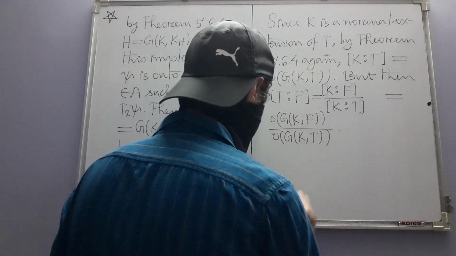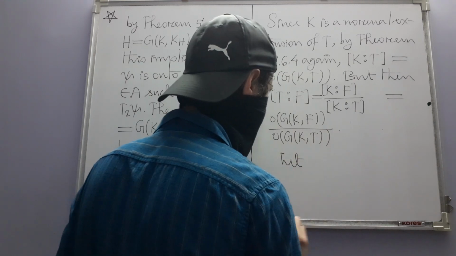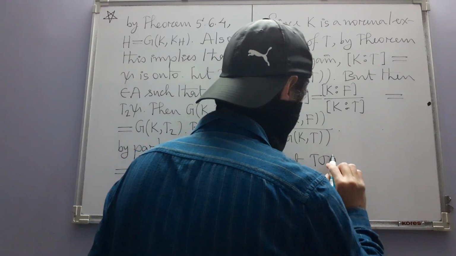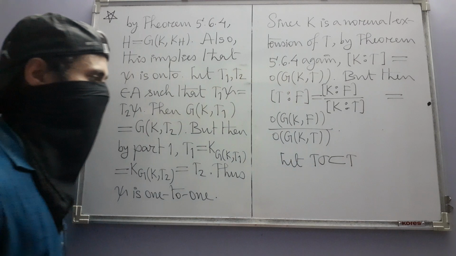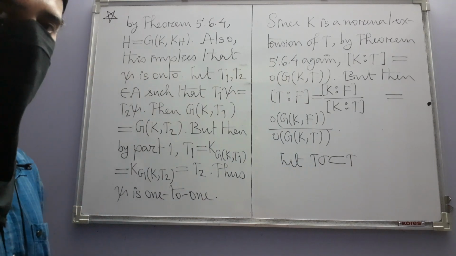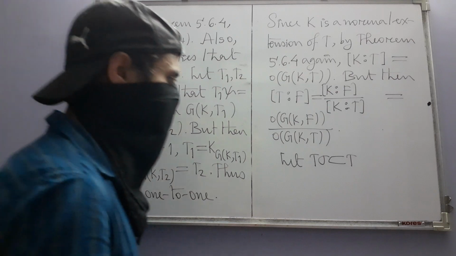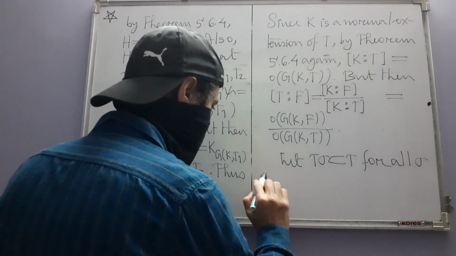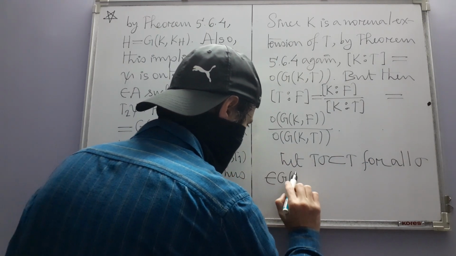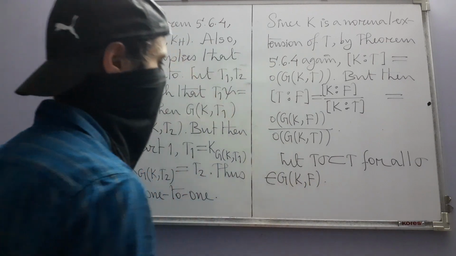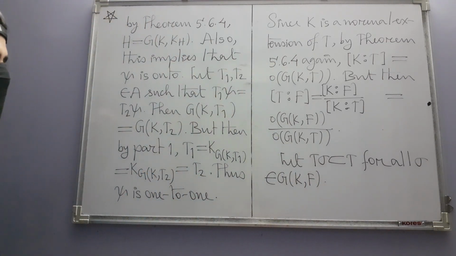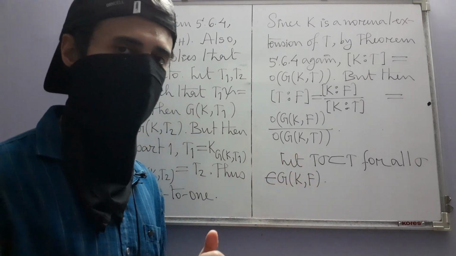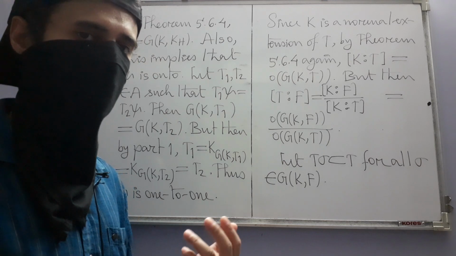Suddenly, without rhyme or reason, we are considering something, but that is going to give us something useful. So the condition is this: let Tσ be contained in T. Tσ is the image of the field T under the automorphism sigma, for all sigma belonging to the Galois group. Suppose we consider this condition, then what are we going to get? Because we are working with fields of characteristic 0, every finite extension is a simple extension.